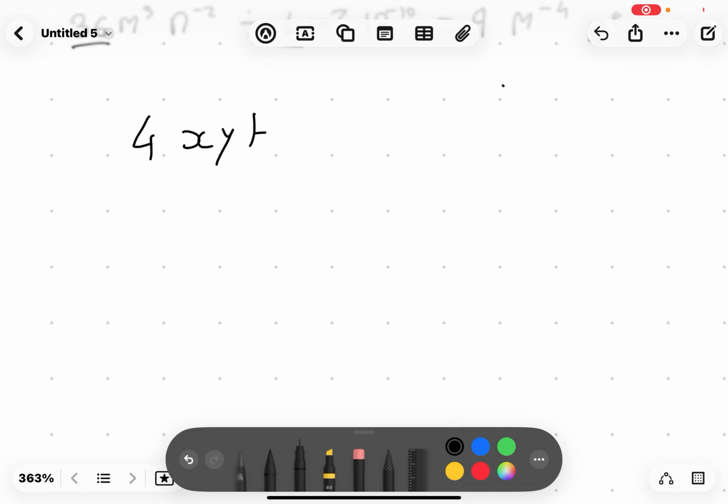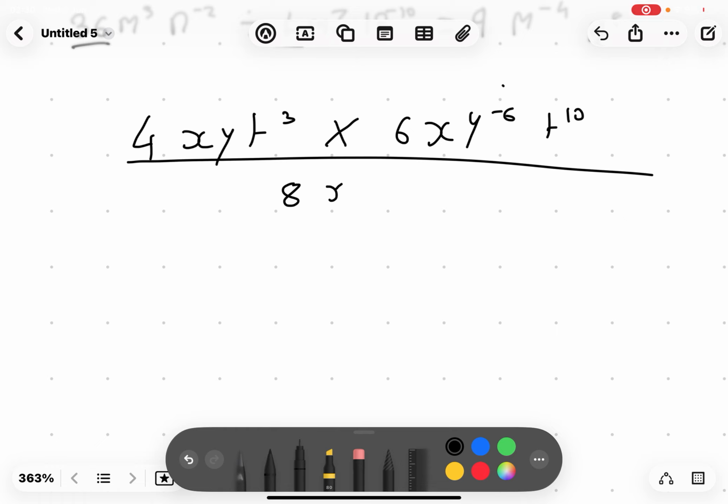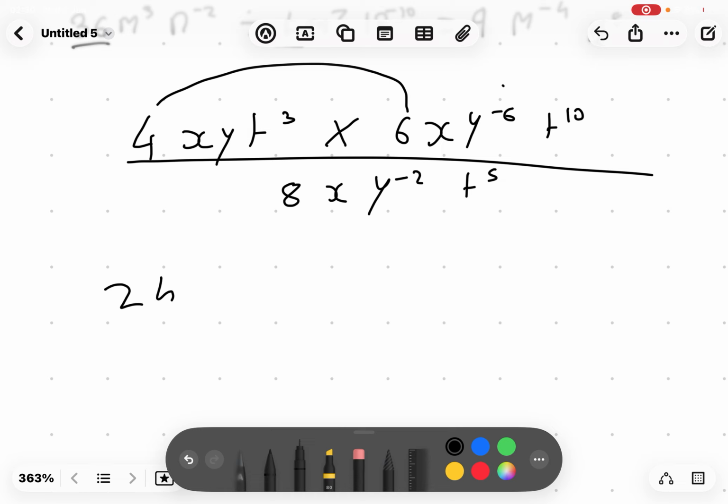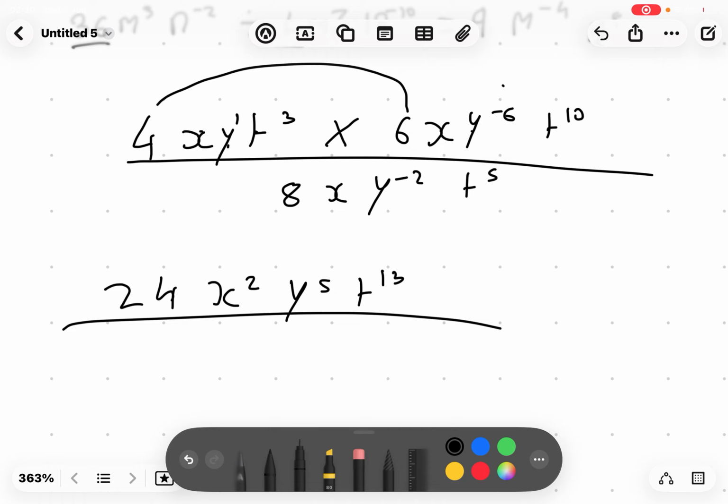4x y t 3 times x y minus 6 10 over a x y minus 2 5. First of all, we times these two numbers, so 24, and then x times x is x squared, then y times y, so that's y to the 5, because this one has an invisible 1, and t to the 13, and then over here we have 8.